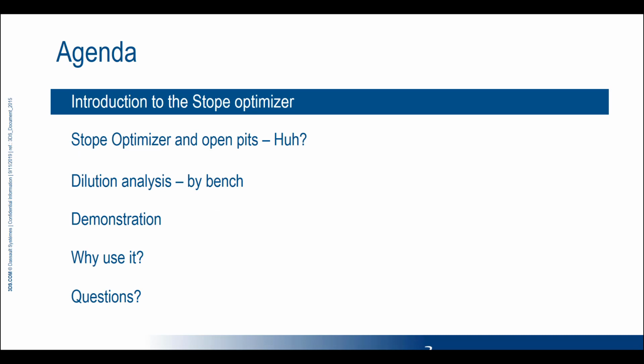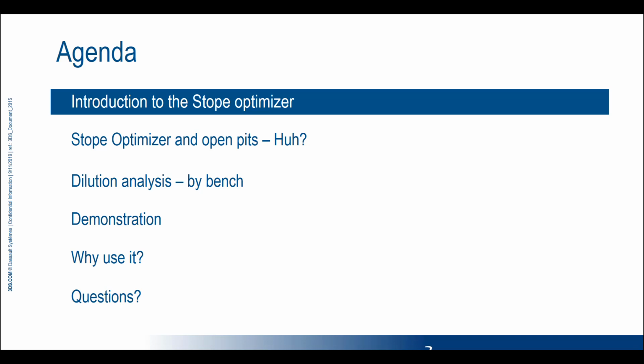So a quick overview of what we're going to cover today. For those of you that are principally from an open pit environment, or even if you are underground, just so we're all on the same page, we'll have a run through of what the Stope Optimizer is. We'll then have a look at the second item, the Stope Optimizer in open pits, and how we might use some of the features in the Stope Optimizer in an open pit scenario.